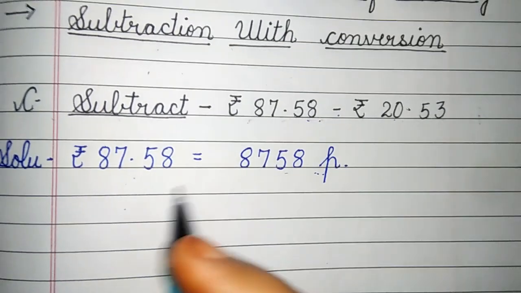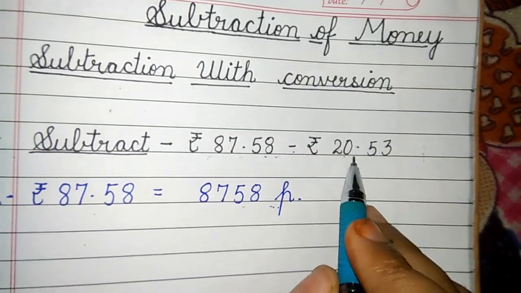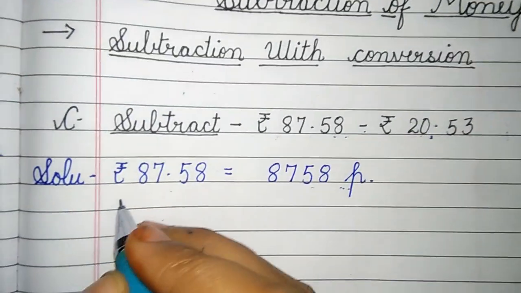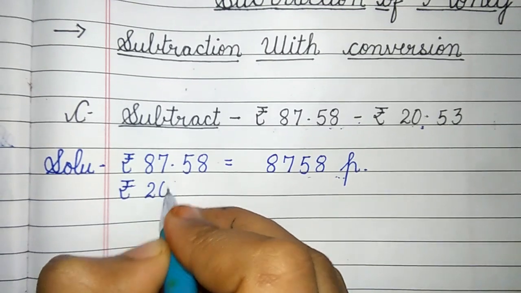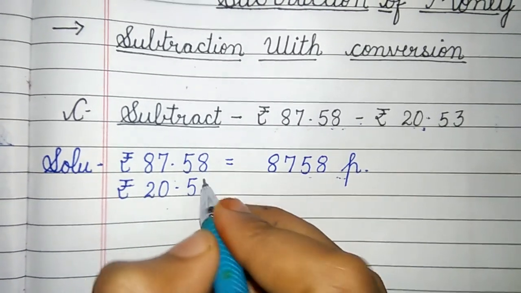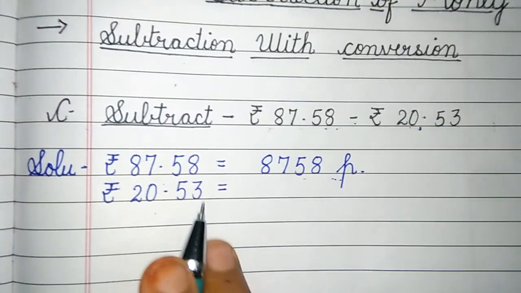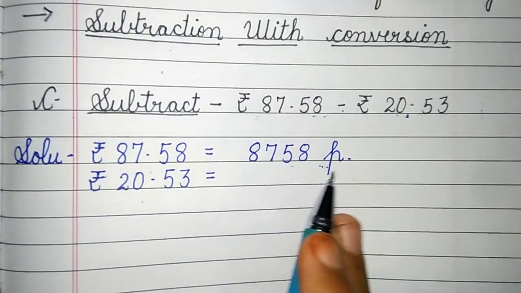Right? Now we will write the second amount down. Second amount is rupees 20.53. Now we will also convert into paise.